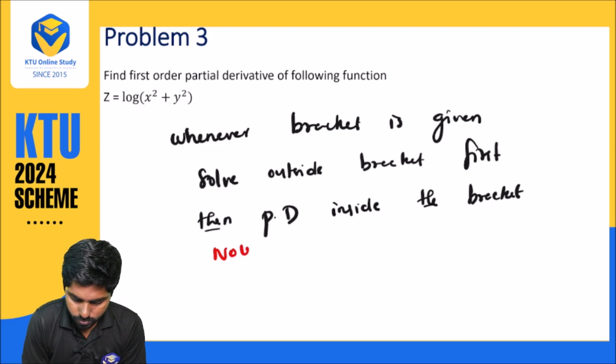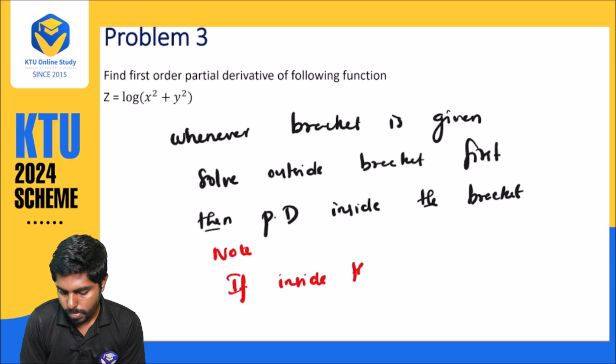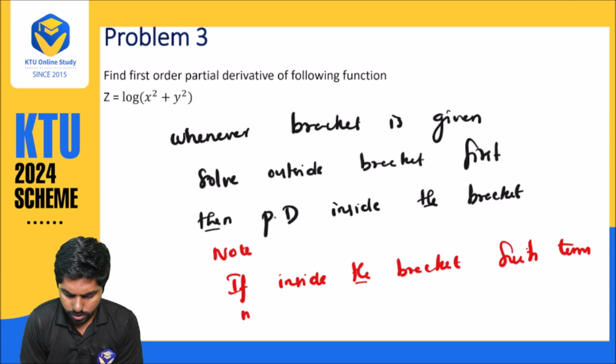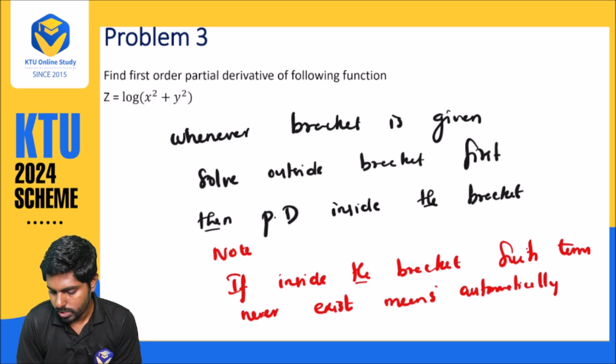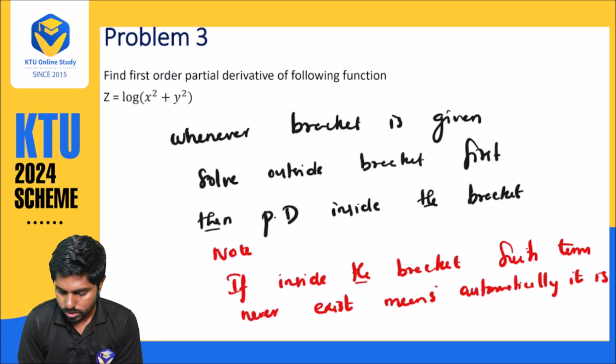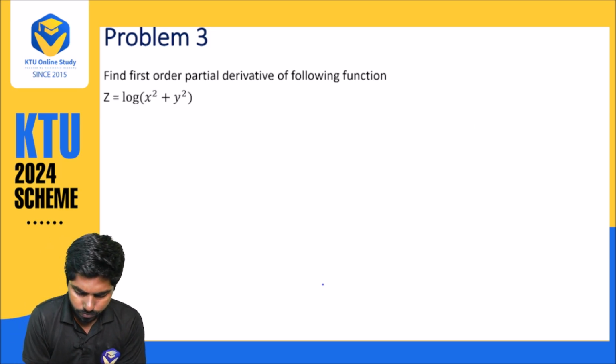Note: if such a term never exceeds inside the bracket, then automatically it is 0. It is 0.